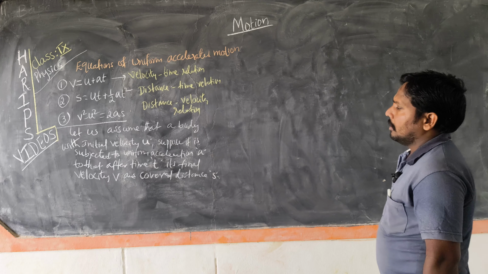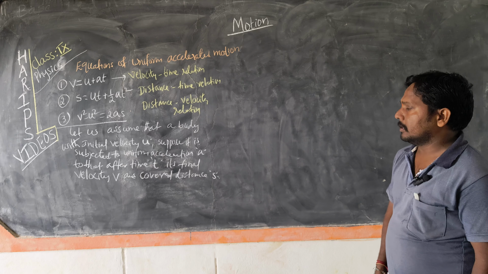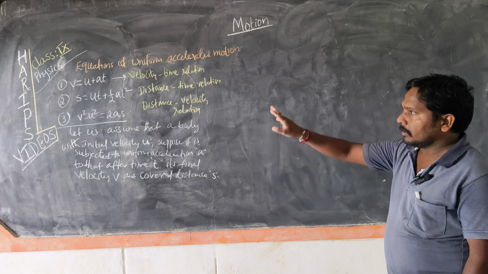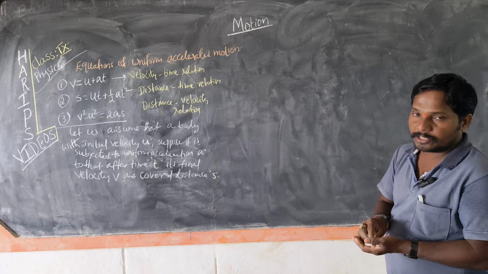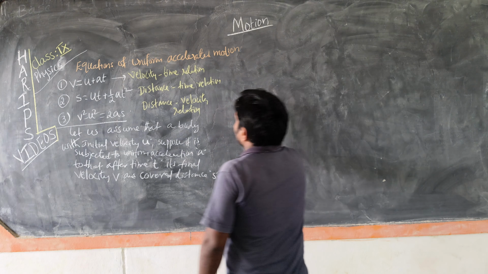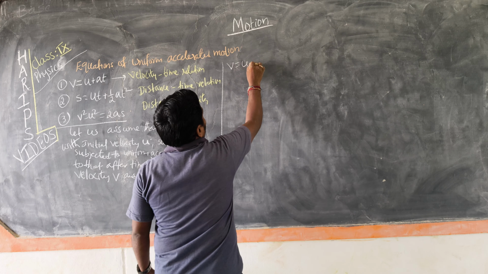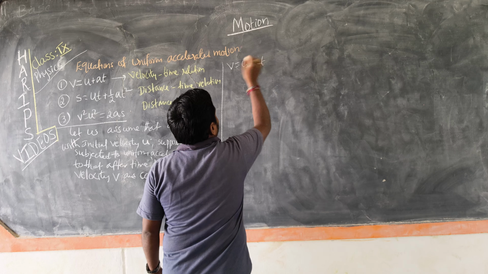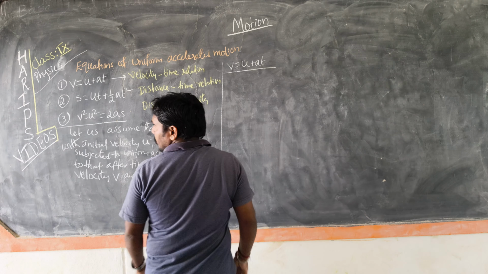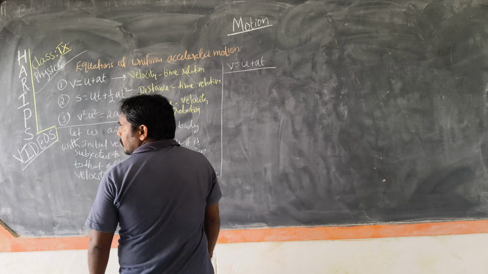Now let us derive each equation. First, we derive the equation v equal to u plus at.